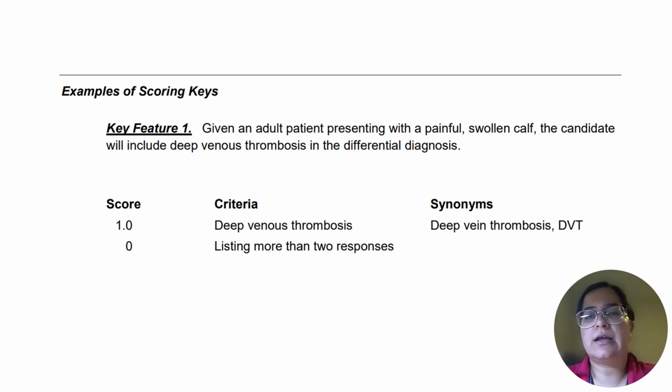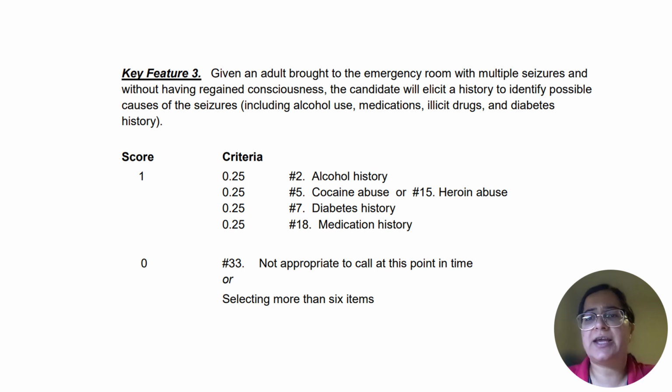There are certain things that one has to keep in mind. Make sure that if you are using a universally accepted abbreviation like DVT, which is deep vein thrombosis, that is acceptable. But if you just say something like pain in the leg, some weird response, they will probably give you a 0 mark. So you should be as specific as you can. In the questions, they may have a patient with a history of seizures also.